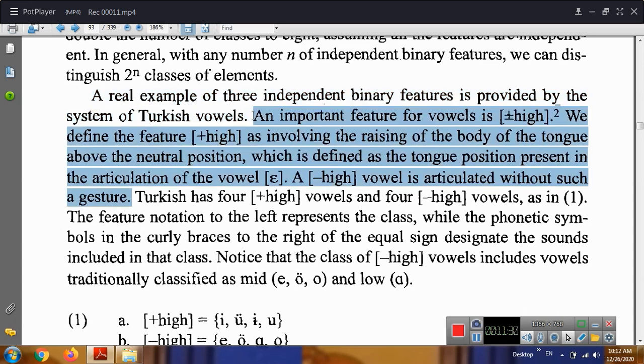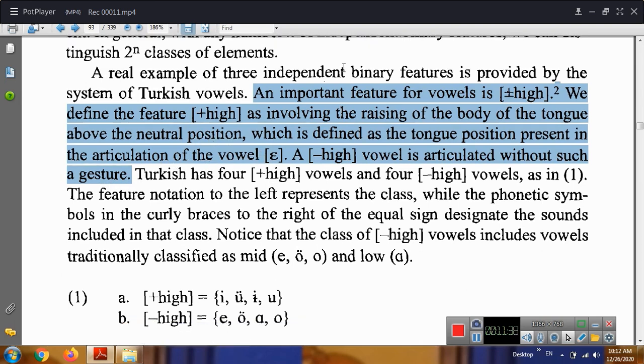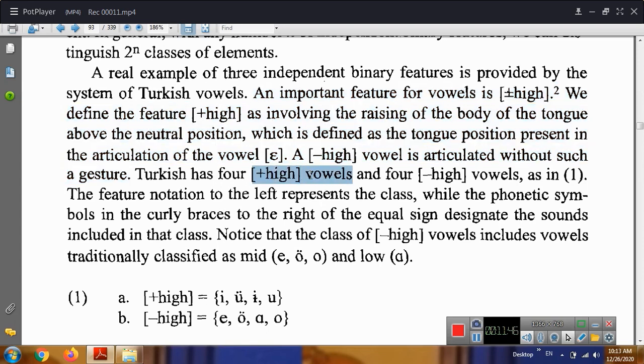You know about the high and low vowels. You read it in phonetics. And here we explain about the high and low vowels. Turkish has 4 plus high vowels and 4 minus high vowels, as in 1 here.